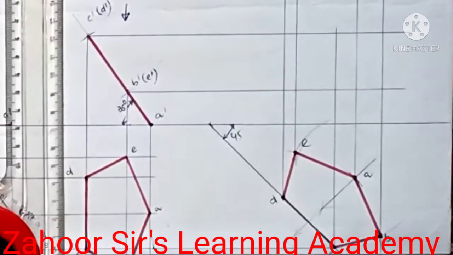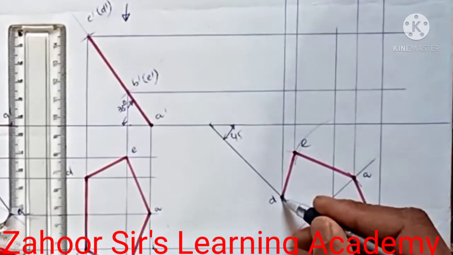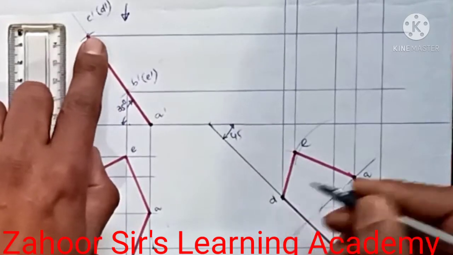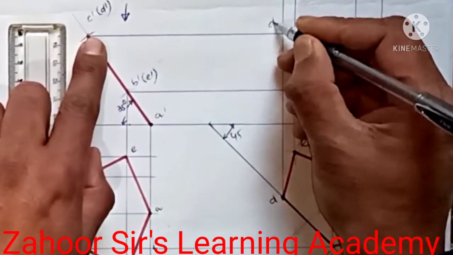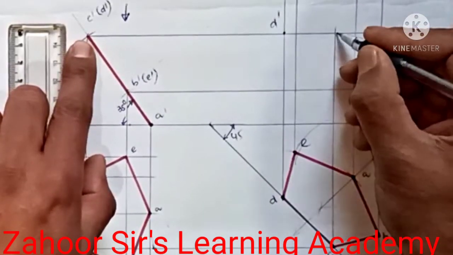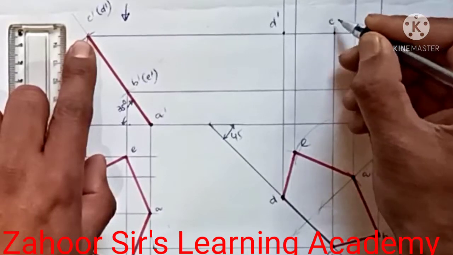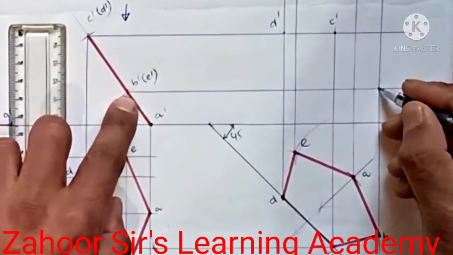Now let's see which point has intersected with what. This was the D point and D comes from this end. So this is my D prime, and this is my C prime. This is B and this is my B prime.